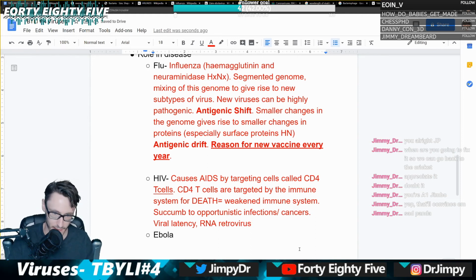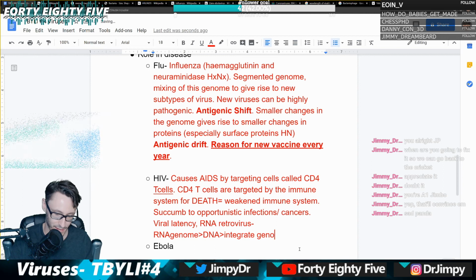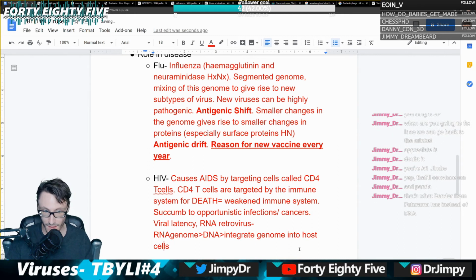Now, retroviruses convert their RNA genome into a DNA genome, and then they integrate that DNA genome into your own genome, into the host, which means it's incredibly hard to find. It kind of hides in the genome.